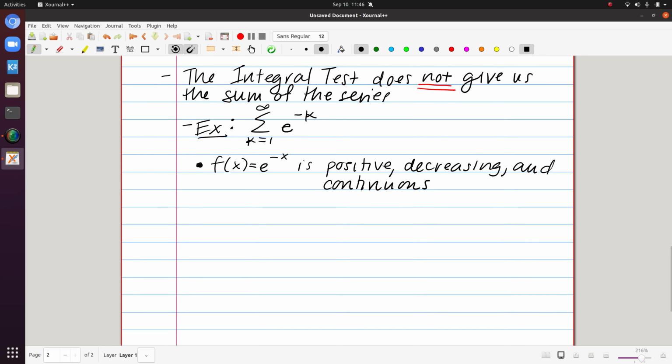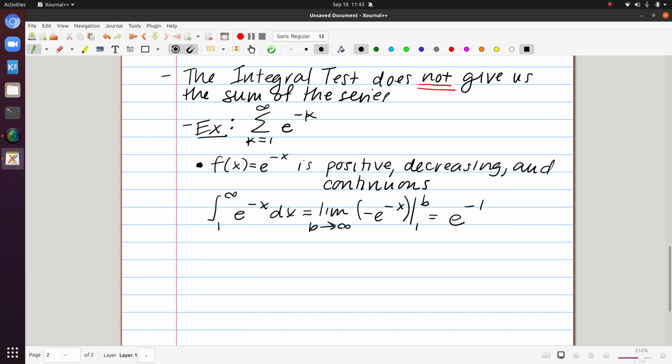So doing so, we would look at finding the integral from 1 to infinity of e to the minus x. That would be, again, improper. The antiderivative would be minus e to the minus x. And if we plug in b and take the limit here, notice that e to the minus b, as b heads toward infinity, will go to 0. So we're going to be left with 0 minus a negative, so plus e to the minus 1.